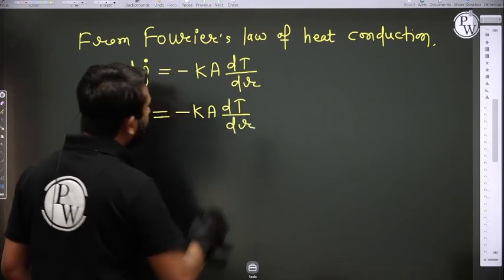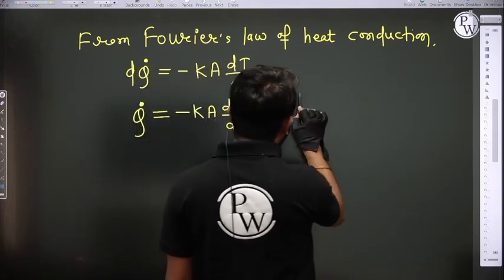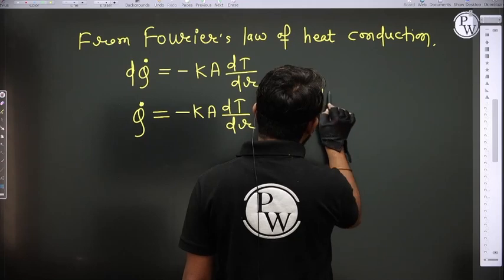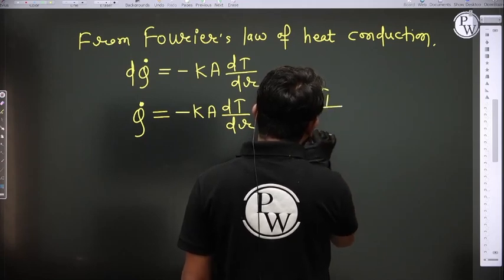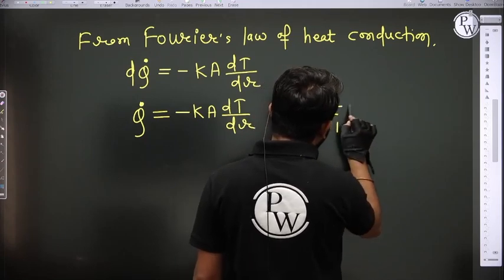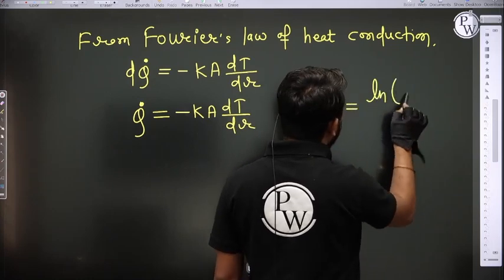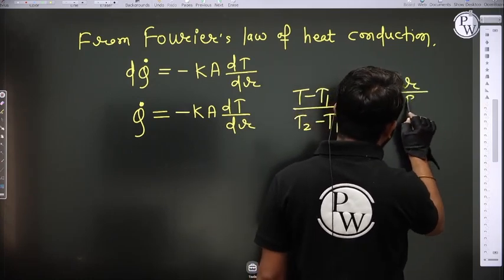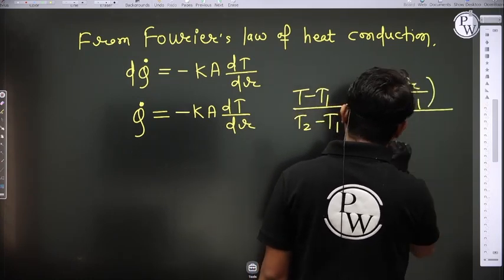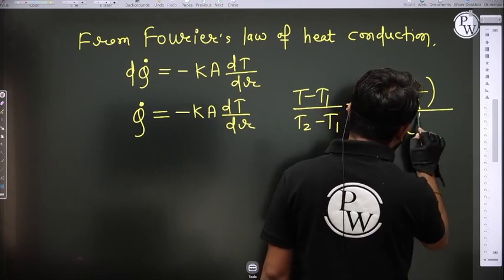We already know the temperature variation: (T minus T1) upon (T2 minus T1) is equal to ln(R by R1) divided by ln(R2 by R1).